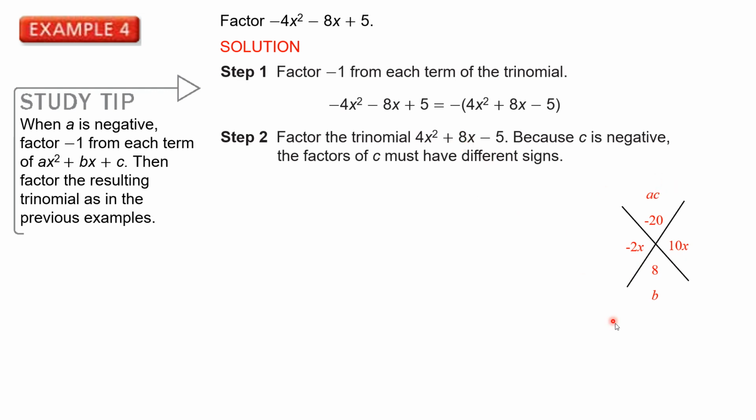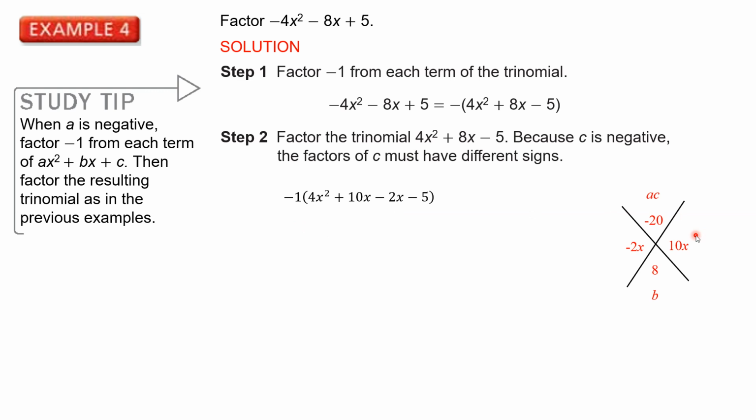So now that we have this organized, we're going to use the split middle terms and rewrite our trinomial. So we keep the negative factored out front, -1. I wrote -1 so we remember where that came from. And then we have 8x is going to be split or rewritten as 10x minus 2x.